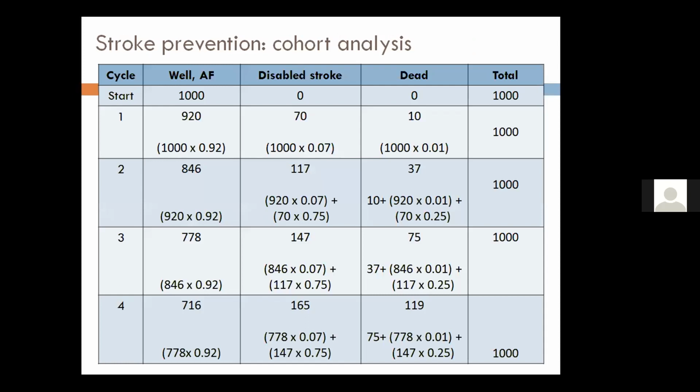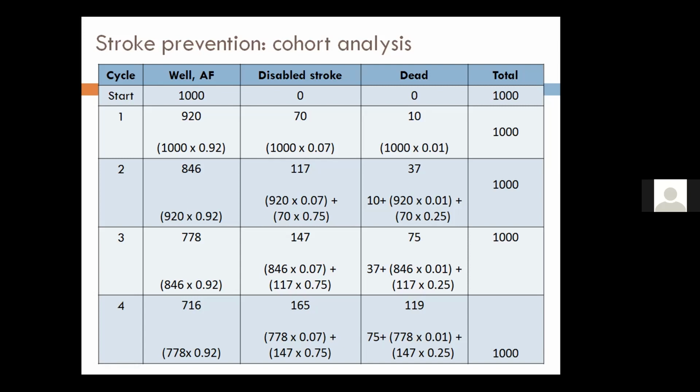So it will be like this, a stroke prevention case: well under treatment, disabled, stroke and dead. Initially 1,000 people, and dead 0, disabled 0, total 1,000. 92% will remain. We know that probably 7% of them will have stroke.